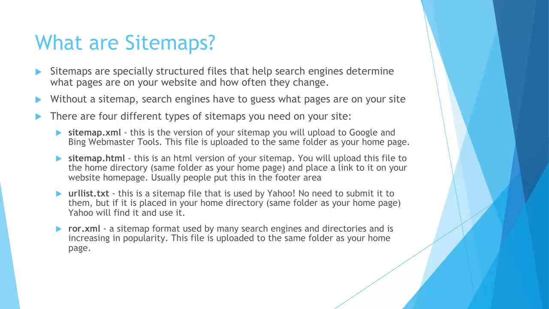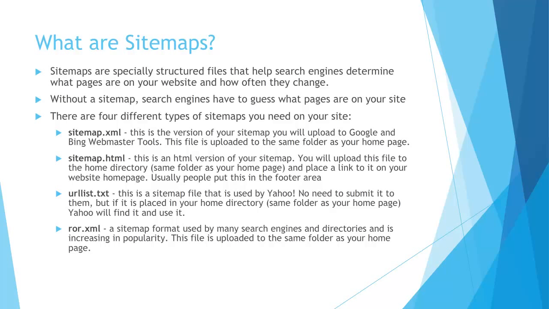The third format is called url.txt, and in this case the name actually is important. With sitemap.xml and sitemap.html, you could name them whatever you want. These are their common names and what people are expecting them to be named.